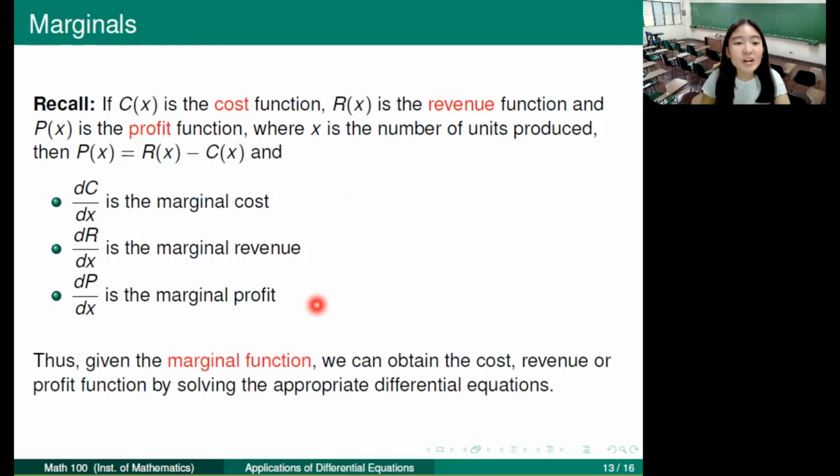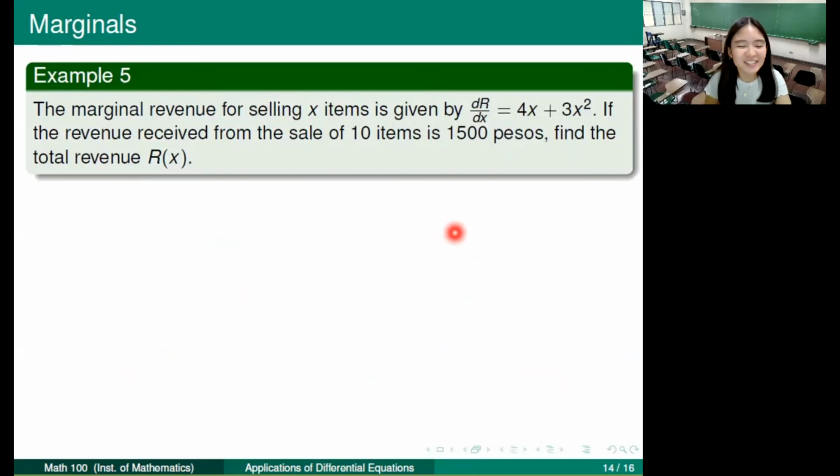So, yes, mula dun sa marginal functions natin, so mula sa mga derivatives nila with respect to X, hahanapin natin yung actual total cost or revenue or profit functions nila. Na kayang-kaya, gagamitin lang really natin yung mga methods natin sa pag-solve ng isang DE. Okay, so let's go to our last two examples for this lecture.